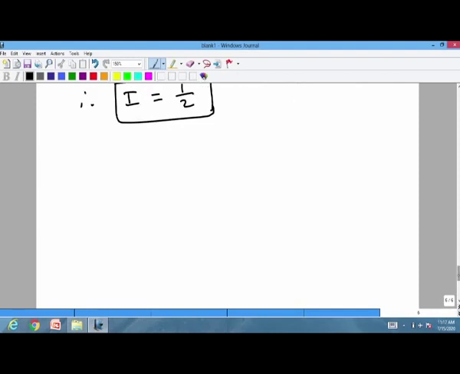So, let us go to problem number 3. Again we will evaluate one definite integral.